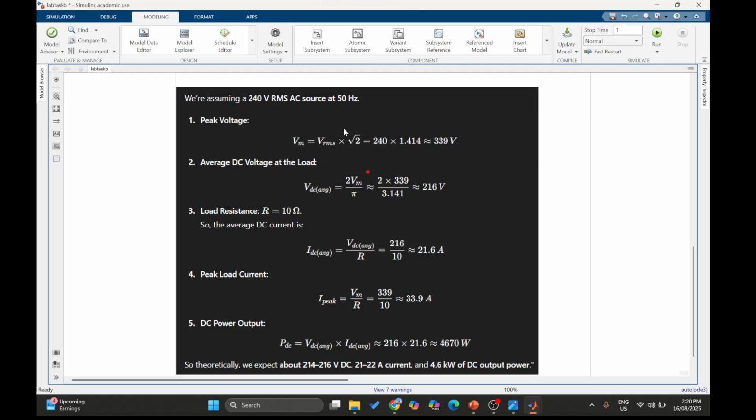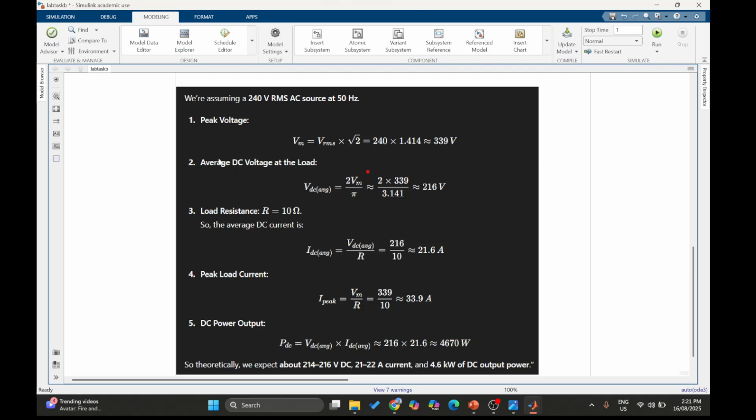This peak voltage will be the same in the input and the output, and while we choose any diode for a rectifier, it has to always have 2 times this peak voltage, which is also called the peak inverse voltage. So for my circuit, I have to choose a diode rating with the peak inverse voltage of approximately 660 volts.